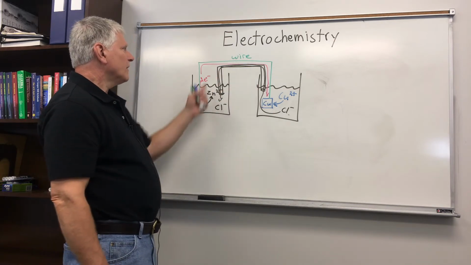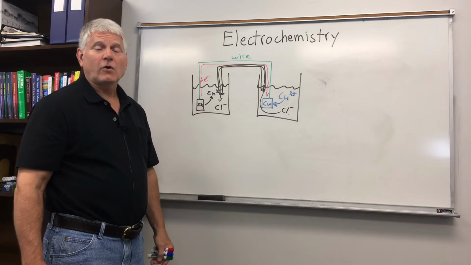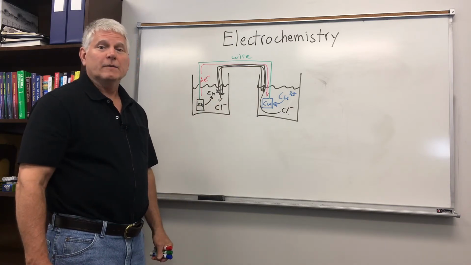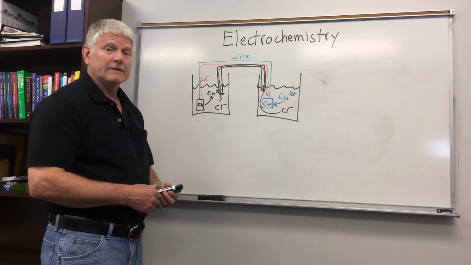So this is a salt bridge, and it just allows us to have charge balance, so we don't have charge building up in the beakers, which would stop the reaction.